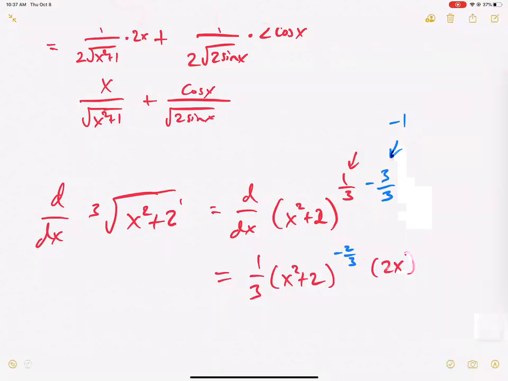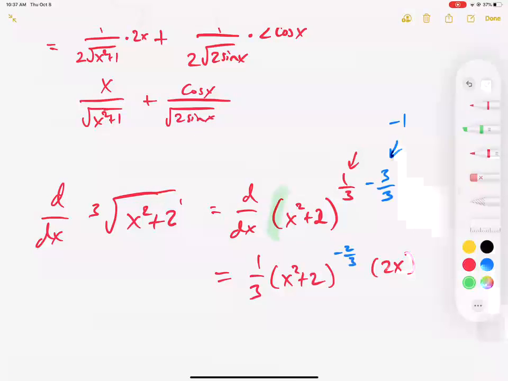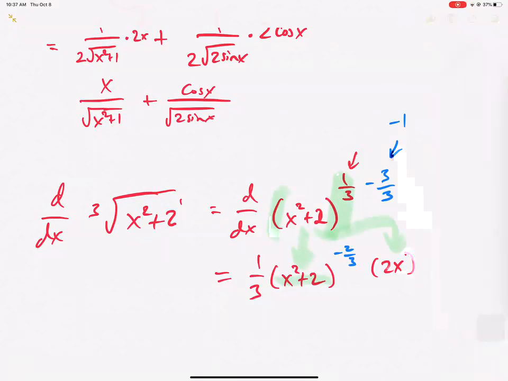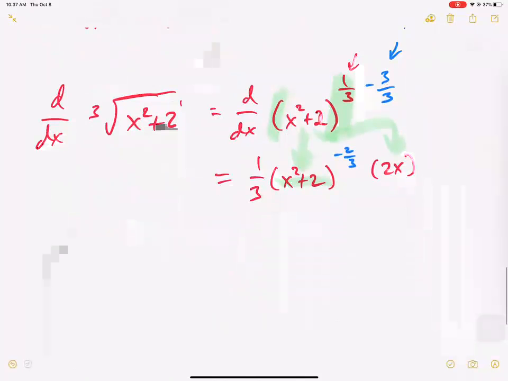Now, again, just to help you guys out with chain rule, make sure you realize what's on the outside. This is my outside shell. Do that first. Copy the inside. Once you're done with the outside, we multiply by the derivative of the inside. Okay.